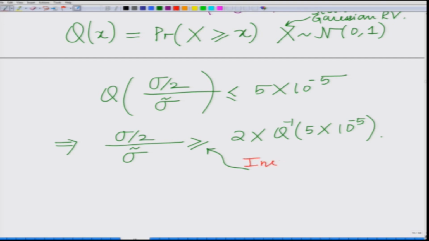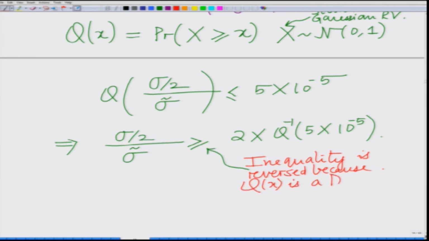The inequality is reversed because Q of x is a decreasing function.